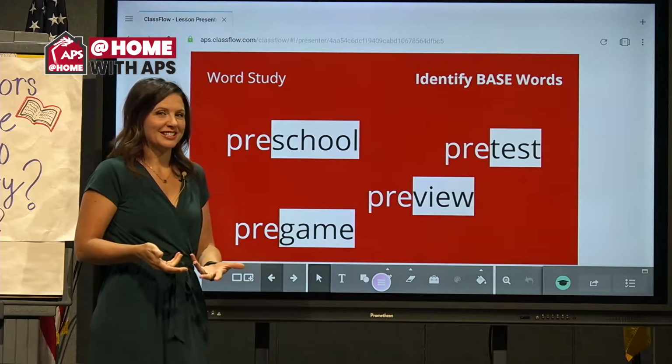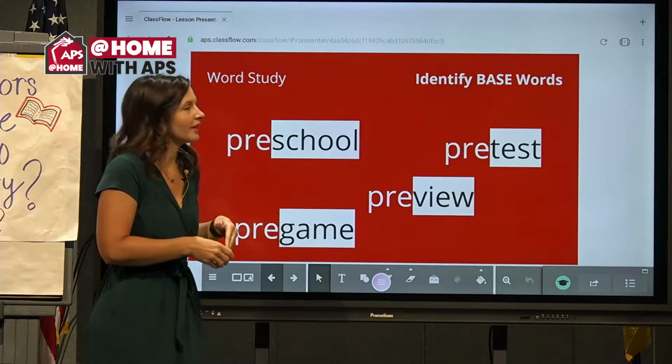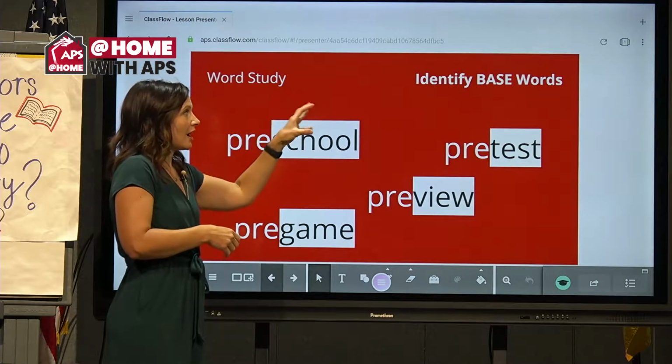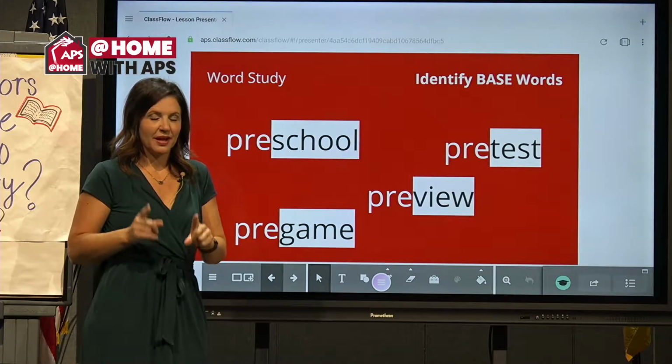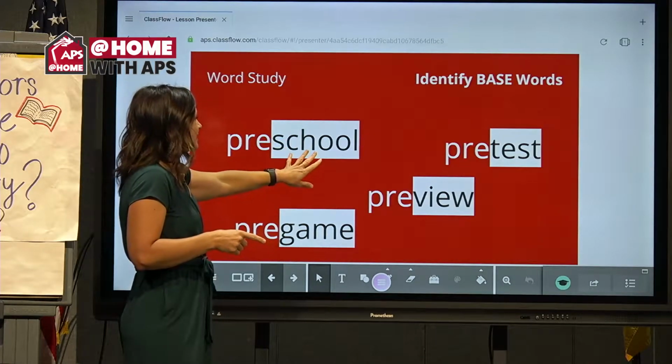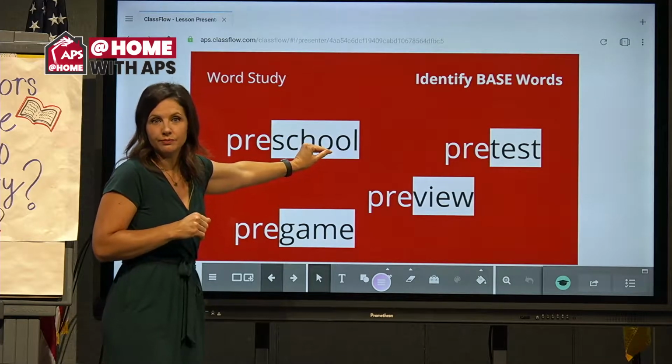You may have noticed each of these words begins with P-R-E. Our objective today is to identify base words. Inside preschool, I noticed the word school.